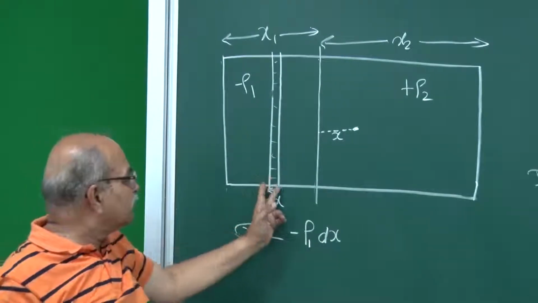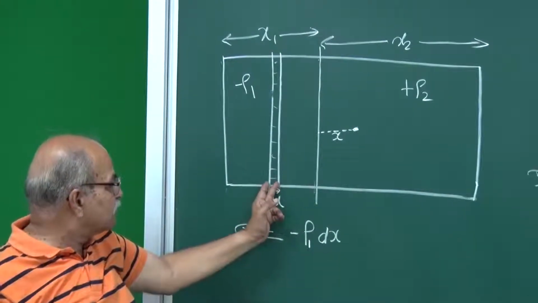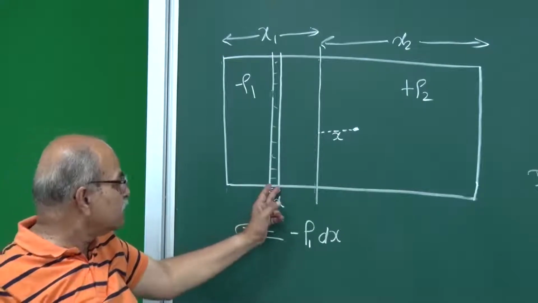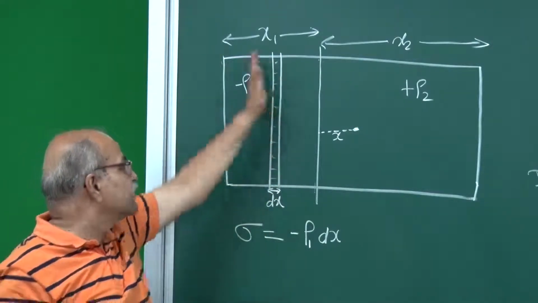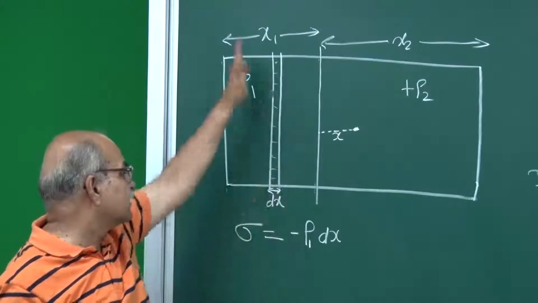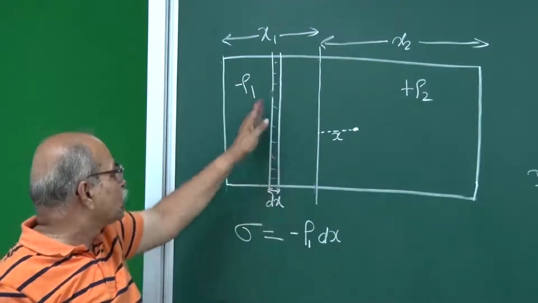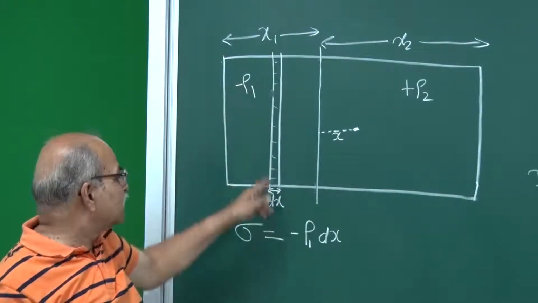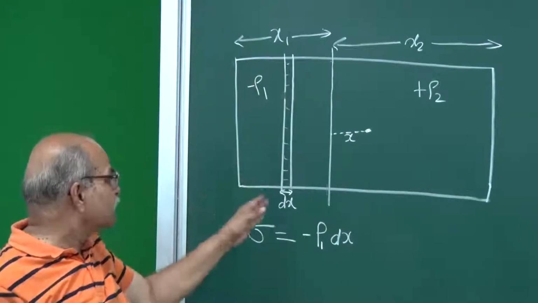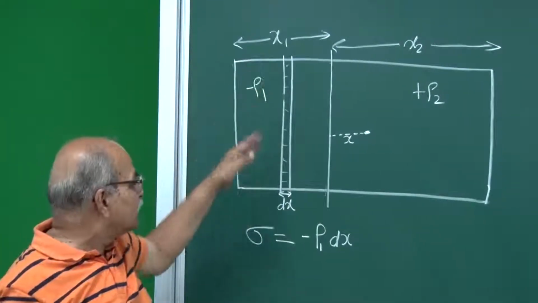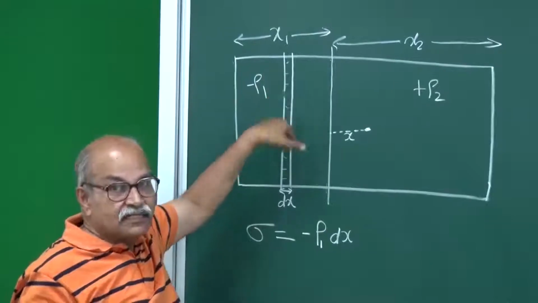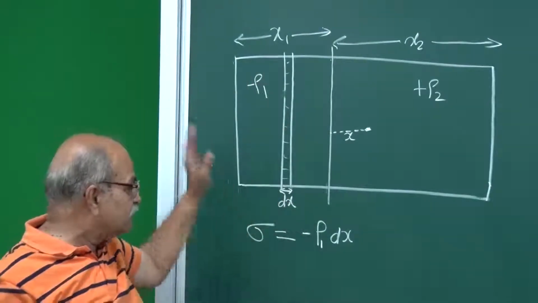Since it is a thin layer here, I am taking dx, so I can treat this whole charge as on a surface charge layer, and then the total charge will be minus rho 1 times dx times that area, and then I divide by the area to get charge per unit area, and that will be this much.